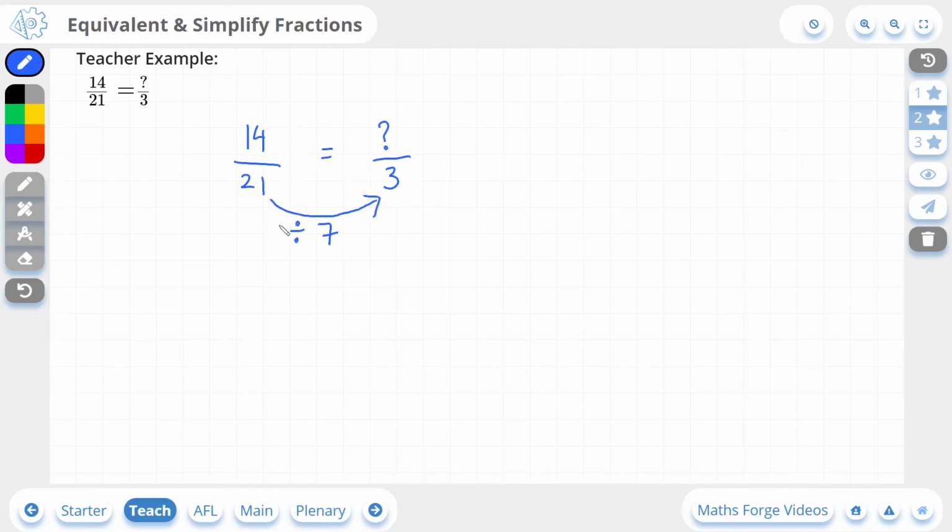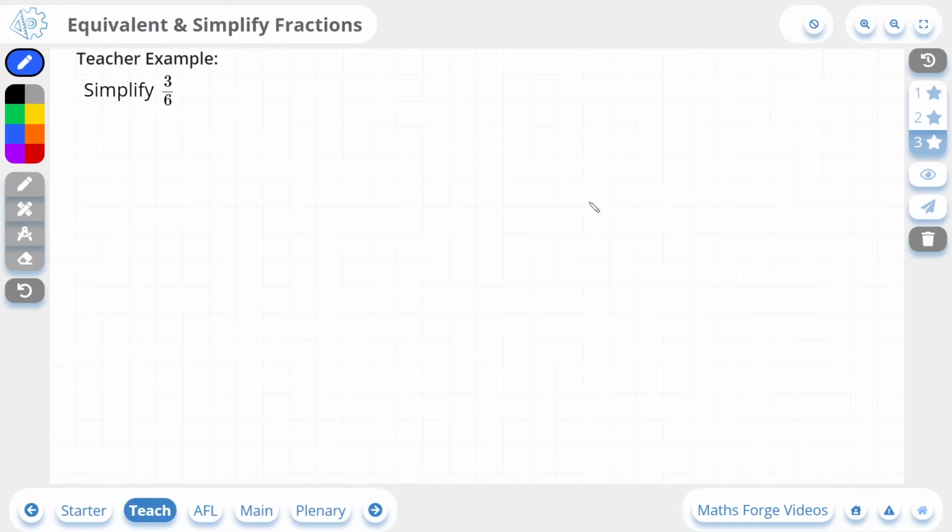And so this division by 7 also applies to the numerator. So it's similar to the 1 star examples, except we're dividing this time. So 14 divided by 7 gives us our answer, which is the question mark, which is 2. And we'll just check our answer. There it is.